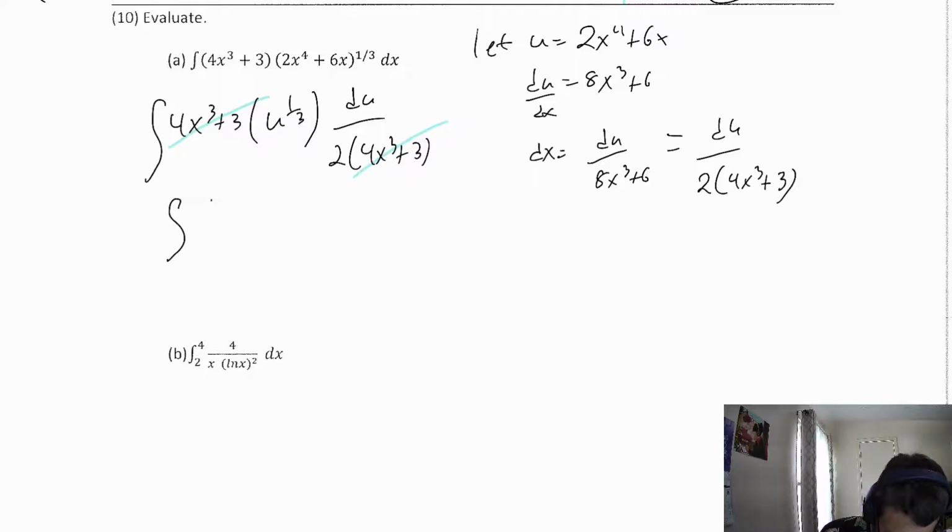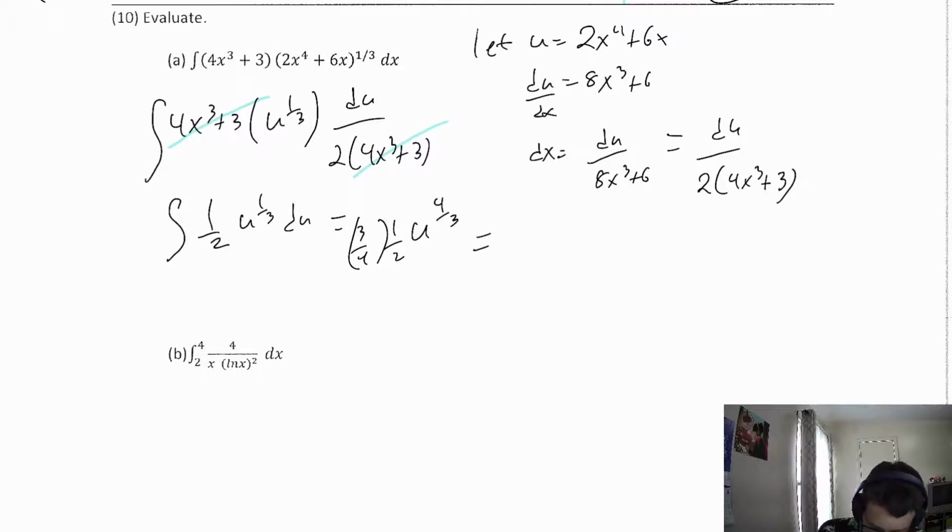This becomes the integral of 1/2 u to the 1/3 du. And we can solve this by adding 1 to the exponent to get 4/3 and multiplying by the reciprocal. Plus c. And now we just need to trade our u back in for x's. So we get 3/8 times 2x to the 4th plus 6x to the 4/3 plus c.